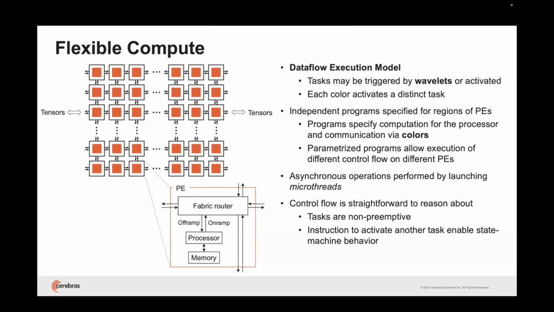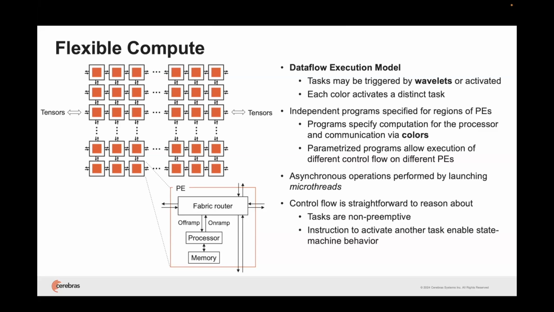You can truly individually program each of these processing elements. Even though this would be inadvisable, if you wanted to, you could write 850,000 separate programs and load them onto each core. These are truly individually programmable.